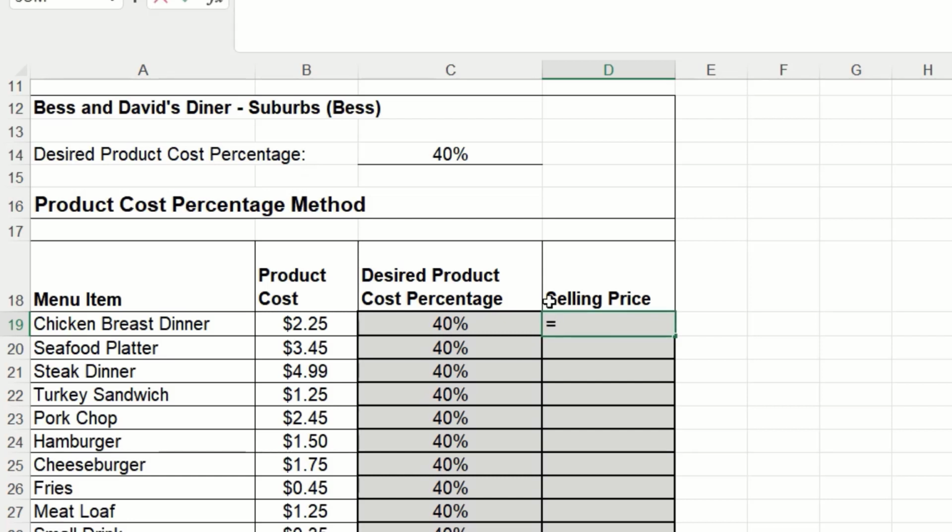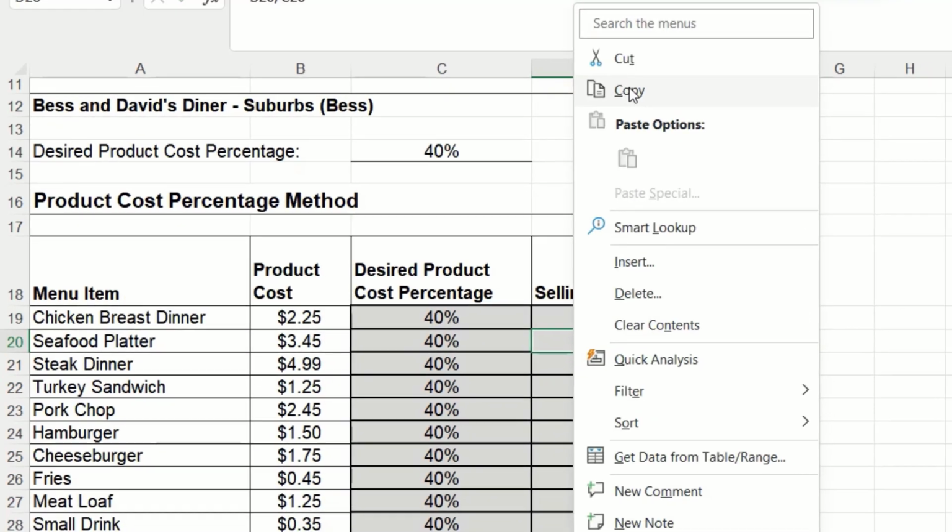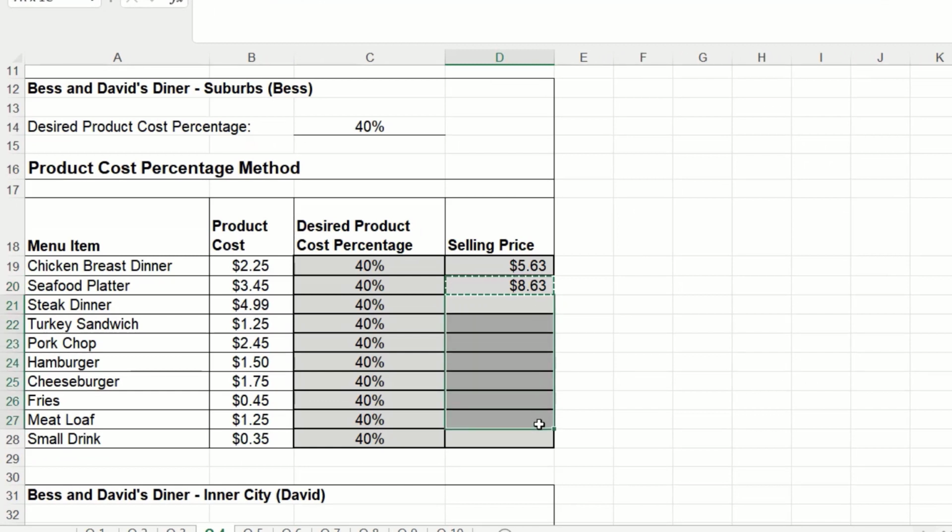So we can take our product cost and divide that by our cost percentage. That's going to give us our selling price. Again, we take our product cost, divide it by the cost percentage that's desired, and we get our selling price. Let's go ahead and copy that formula all the way through.